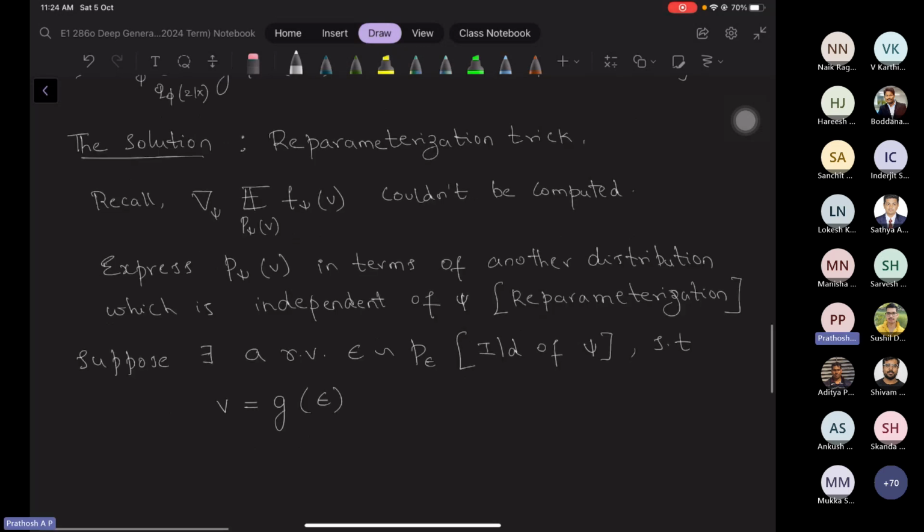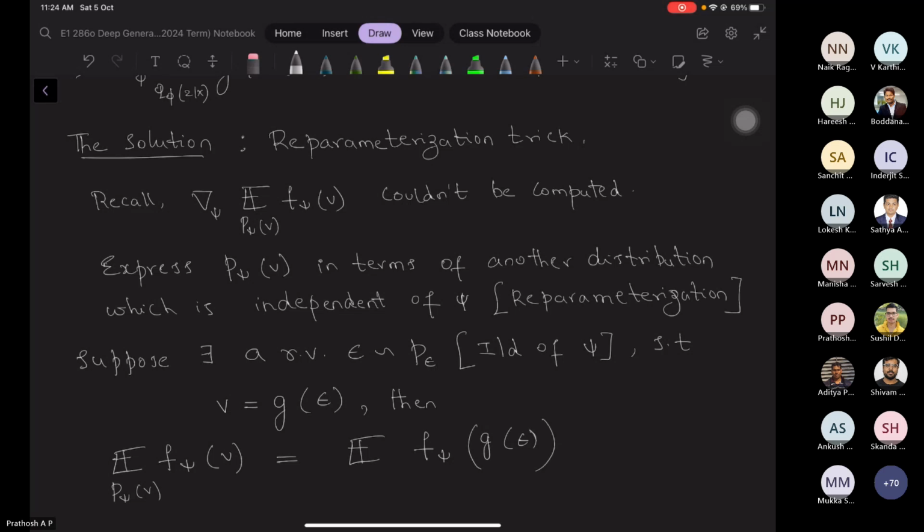Then the expectation with respect to p psi of v can be shown to be equal to the expectation of f psi of, what is v now? v is equal to g of epsilon.